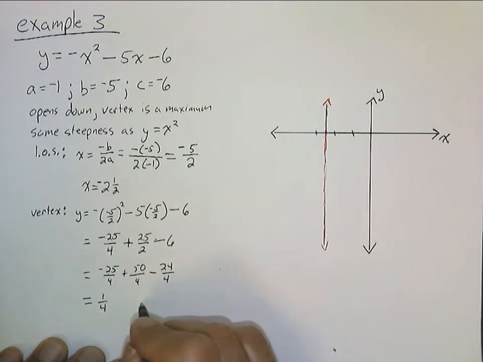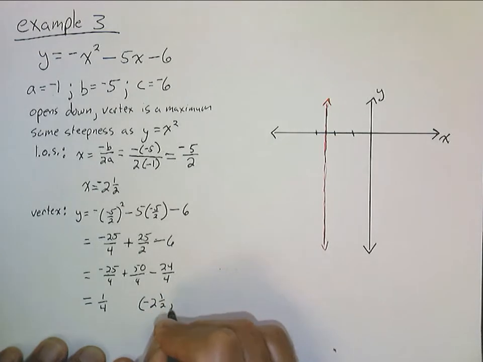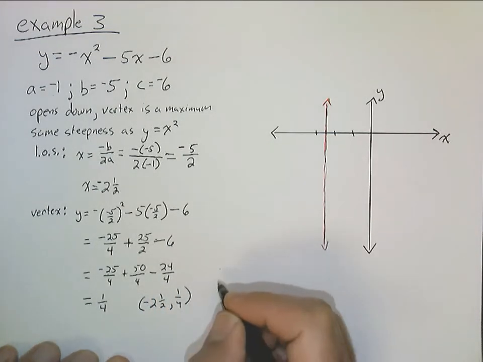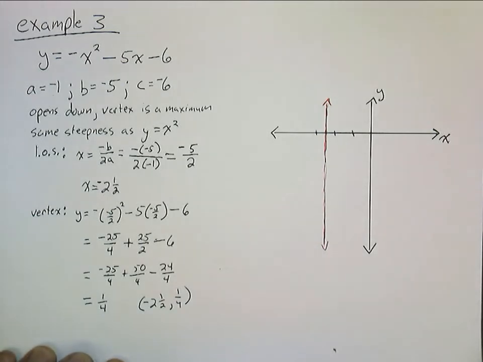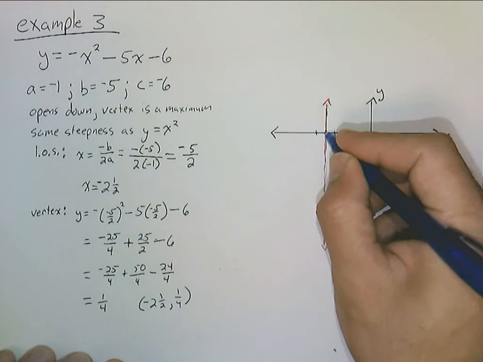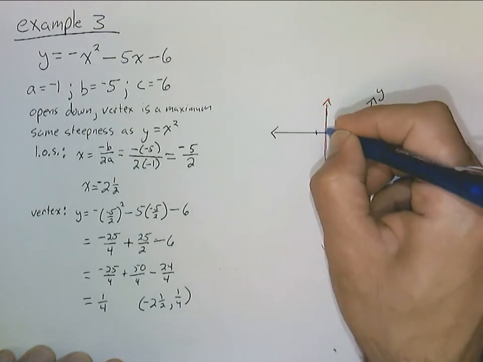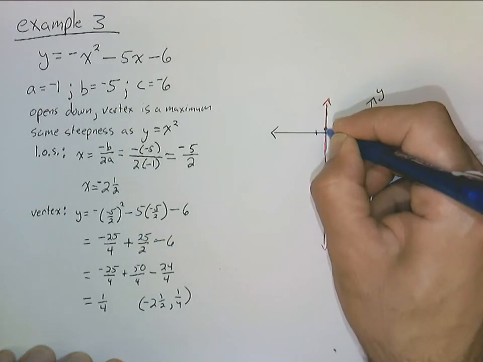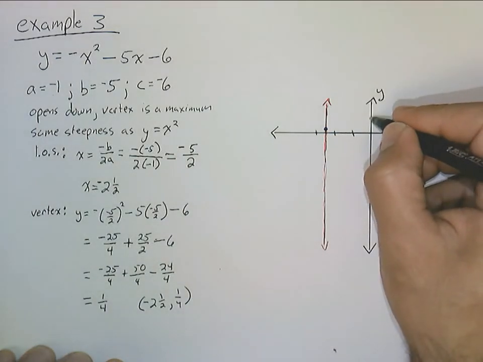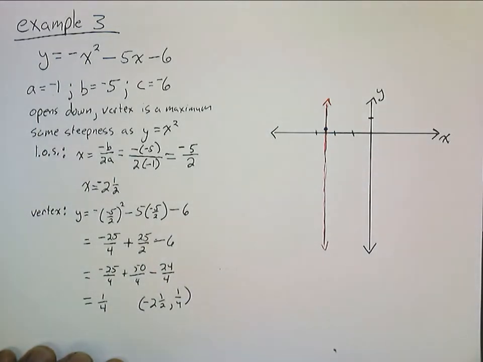So the vertex is going to be given by negative 2 1/2, 1/4. And we can plot that. Negative 2 1/2 and up 1/4. So it's just above the x-axis.